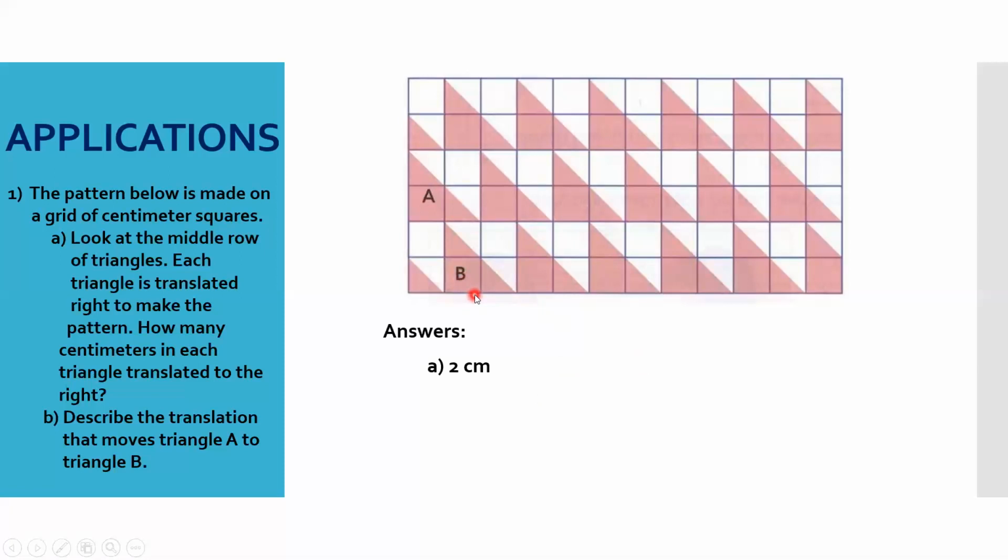We need to describe the translation that moves from triangle A to triangle B. Listen, the very first translation is only this much part. So if you want to get a triangle like this from this one, how do you need to translate each grid? That is the question. From this triangle, you need to get this triangle.